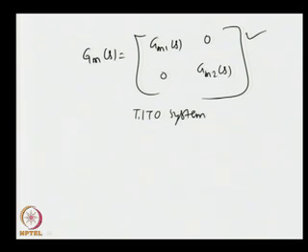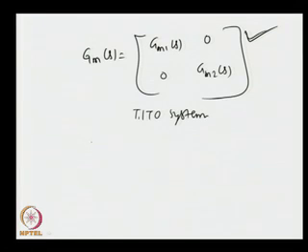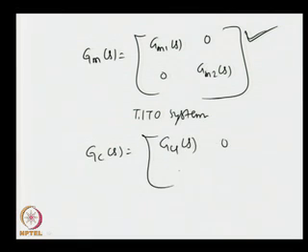This form of transfer function representation helps us to design conveniently controllers for the system. Now, the controller dynamics is also given in a similar fashion. We have got controller 1 and controller 2 present in this fashion.